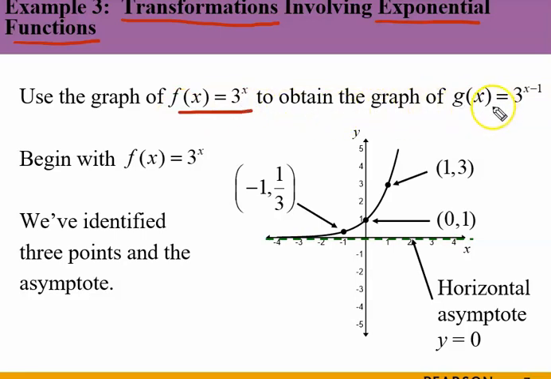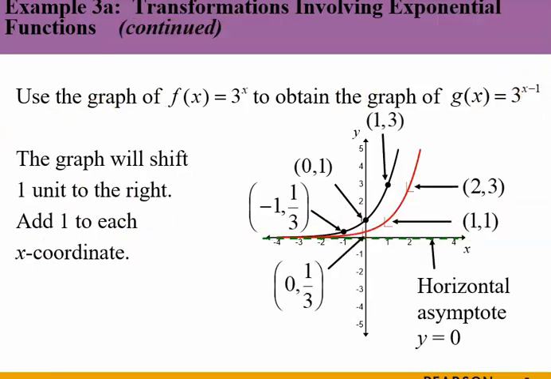But now we're going to graph 3 to the exponent, and in a sense this should be in parentheses, x minus 1. So there's our original. And now let's take a look at its transformation. And this slide explains it very well. Let's see if we can follow.